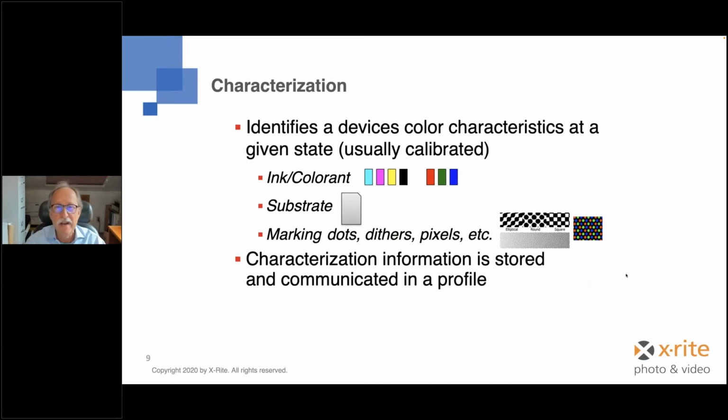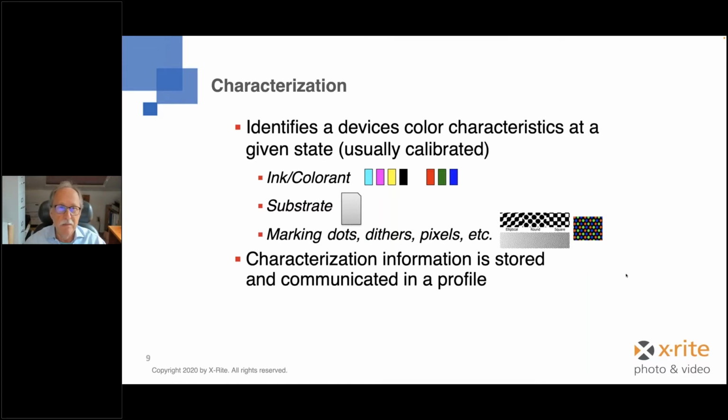I can tell you straight out that the CMYK inks on different printers are different. The cyan is not the same in one device as it is in another, or magenta or yellow or black for that matter. And the same thing with monitors. If they're LCD monitors or LED monitors, you're going to find that those colorants vary.